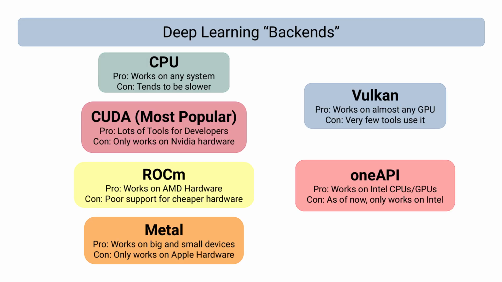Now, technically speaking, oneAPI could, in theory, work on other hardware like AMD and NVIDIA hardware, but as of right now, that support is fairly low, so you will not see too much software out there that's going to be taking advantage of oneAPI, but anything can happen in the next 5 years, so I don't want to say that's going to be true forever.